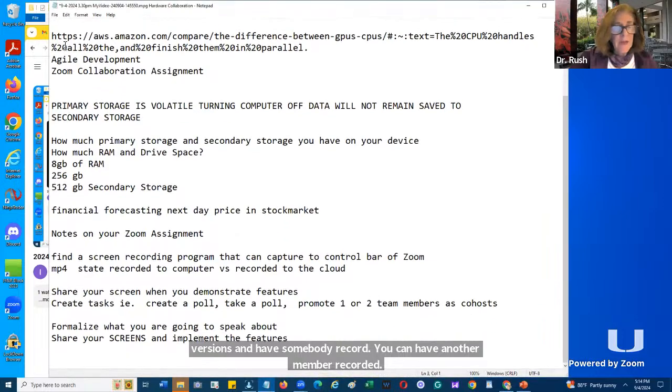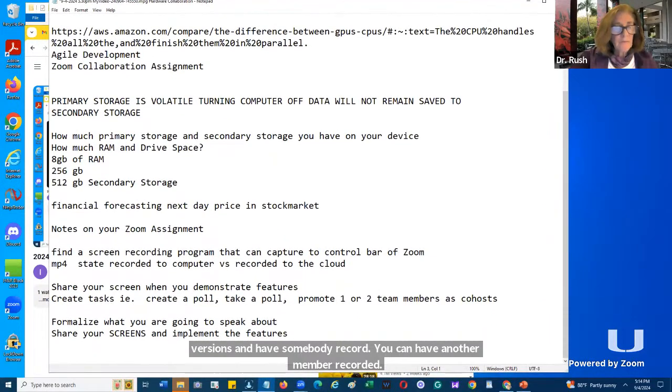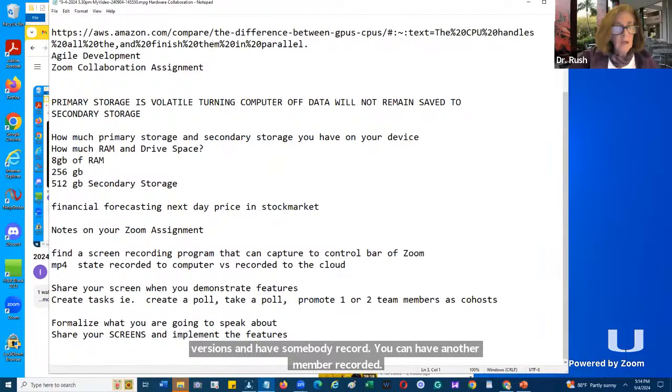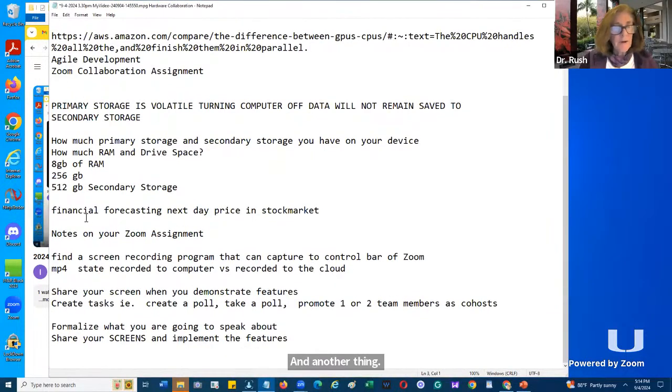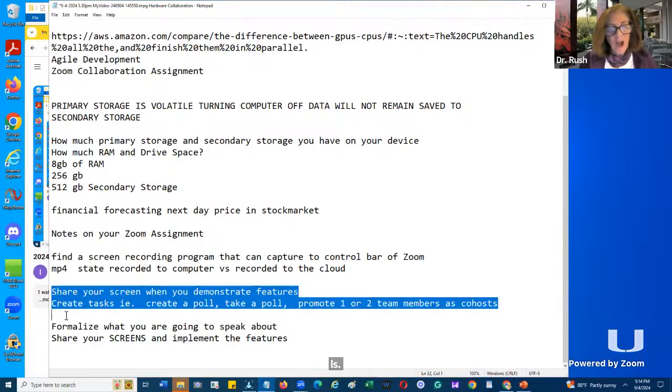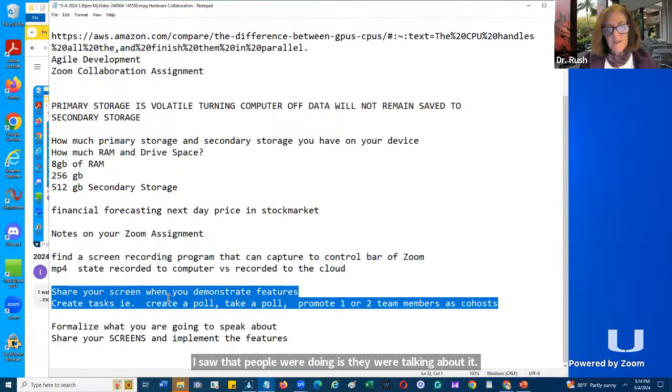And another thing, from my notes, is what I saw that people were doing is they were talking about it, but they weren't sharing their screen when they demonstrate the features. Create the task. For instance, they talk about how do you do a poll, but I want you to create a poll. I want you to take a poll.